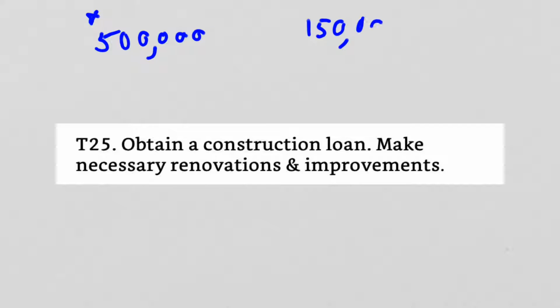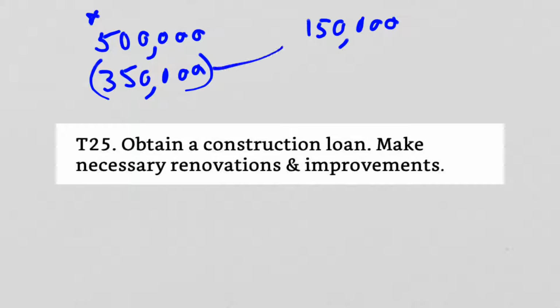Why is that? Because of the cash given by the donor, we had $1.2 million. We spent $850 on the purchase. That left $350. So of this $500 on the renovations, $350 will come from the donor, and so we need an additional $150. So that'll add to construction loan.